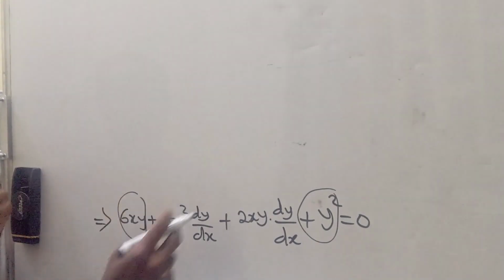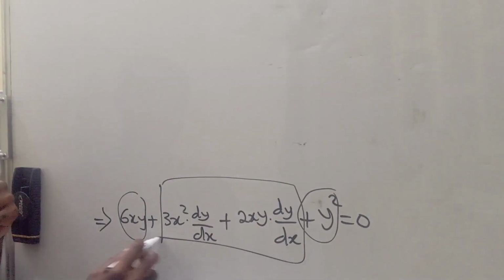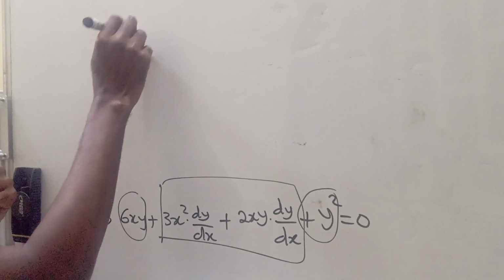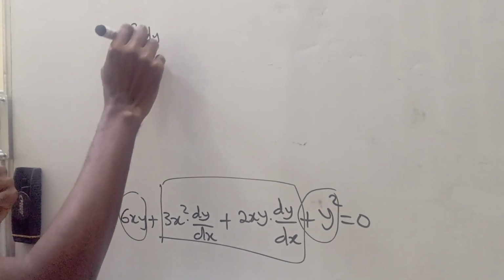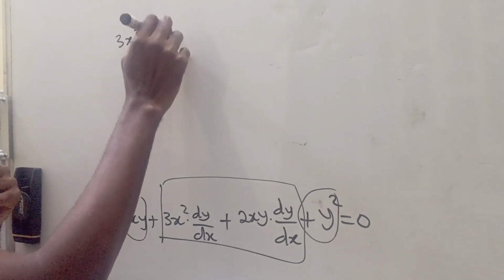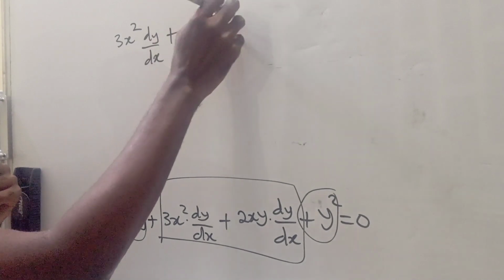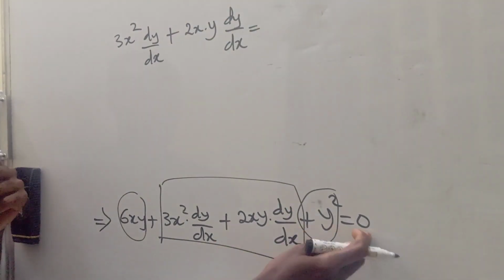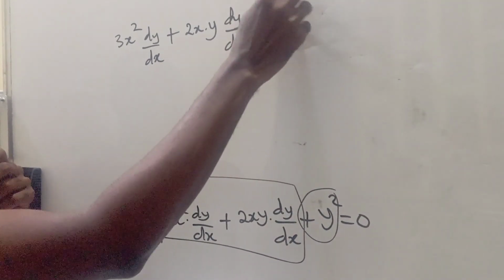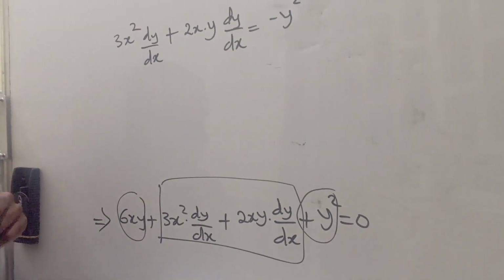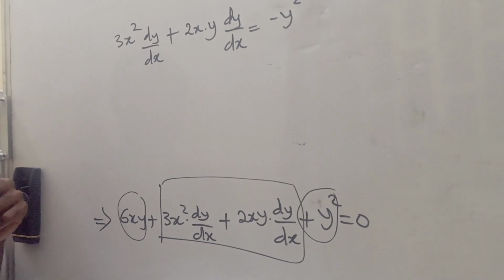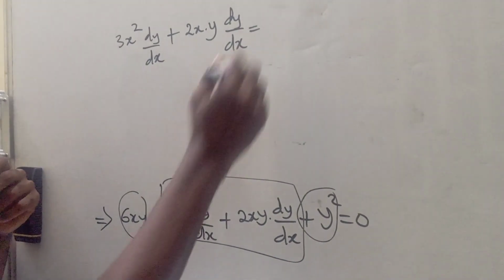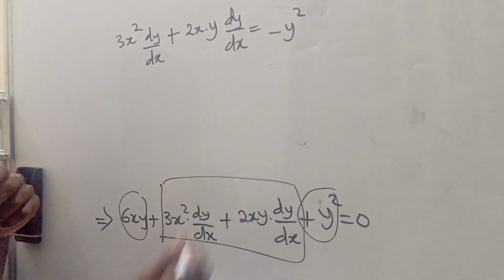So we have 3x squared dy over dx plus 2xy dy over dx equals, if this goes over, minus y squared.